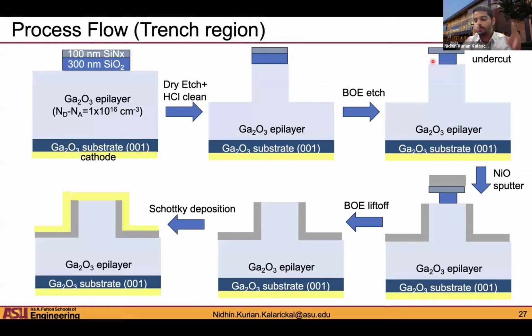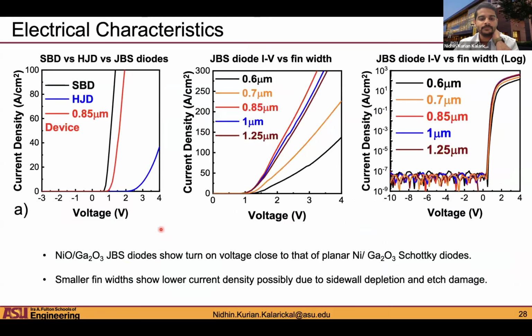Remember, BOE etches silicon dioxide much faster than silicon nitride, so you can get this undercut structure using BOE. Then you deposit nickel oxide, and because you have this undercut, it's much easier to do the lift off of the nickel oxide from the top of the fin. And finally, you just deposit the Schottky contact like that. Okay, so that's the process flow. I'm just showing the process flow for the trench region, not showing it separately for the junction termination extension.